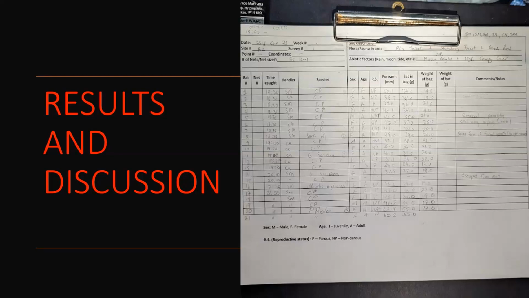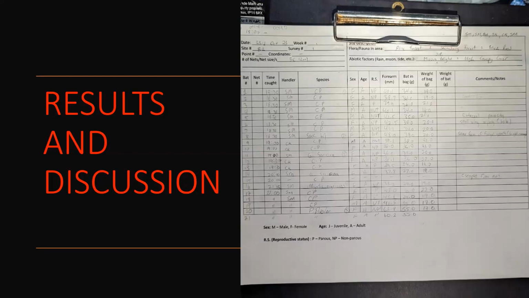Usually, if there are many bats, we would put a code. In this case, you see CP, that's for Carollia perspicillata. We record the sex of the bat, whether it's male or female, the age of the bat, the reproductive status, and we can tell these by looking at genitals or presence of breeding in the bat.